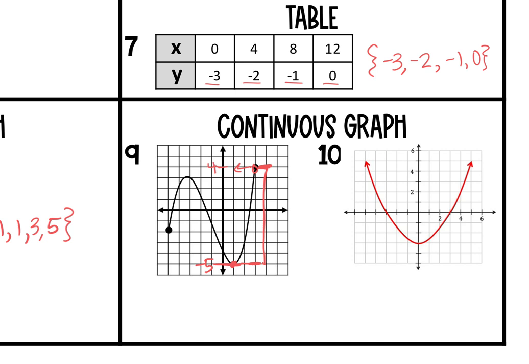So be careful when you're given these continuous graphs, because again, the lowest point isn't always this end point that they give you. It's actually down here. So -5 is the least, that's our minimum, so we'll write that first, and that's less than or equal to, and then be careful because you need to put y, very good, because we're talking about range. But the y values are going to be less than or equal to that max, which is at 4.